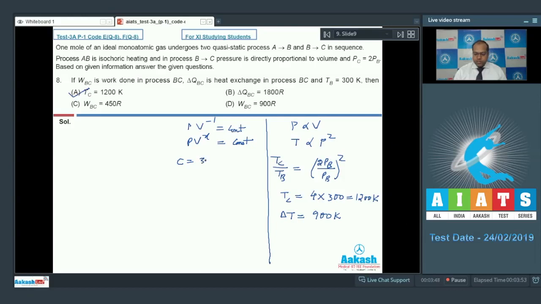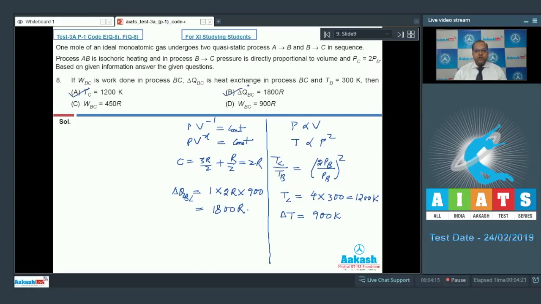For monatomic gas, it is 3R by 2 plus R divided by 1 minus of minus 1, so that is 2. So it comes out to be 2R. So delta Q for the process BC can be written as n, that is 1, into C, that is 2R, into dT, that is 900. So it comes out to be 1800 R. So option B is also correct.